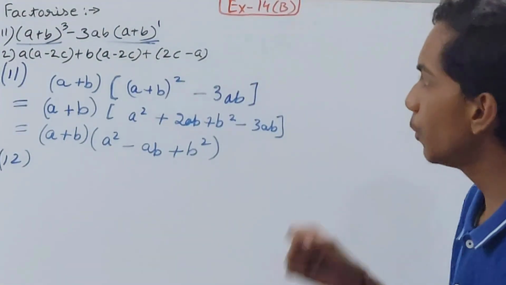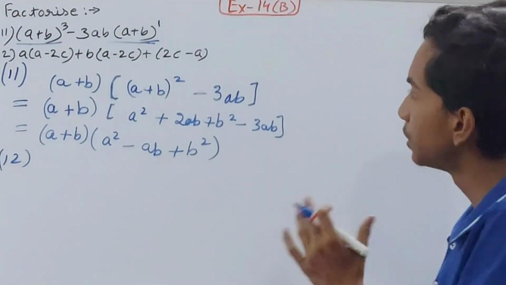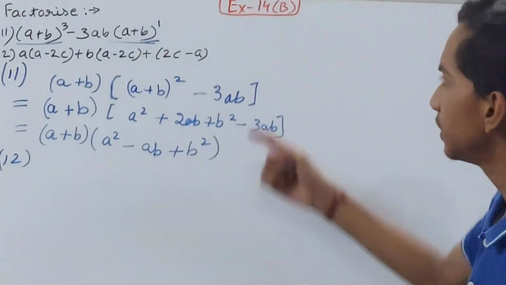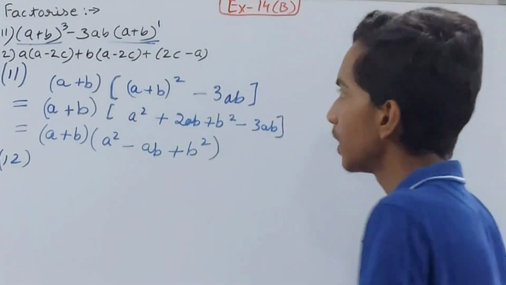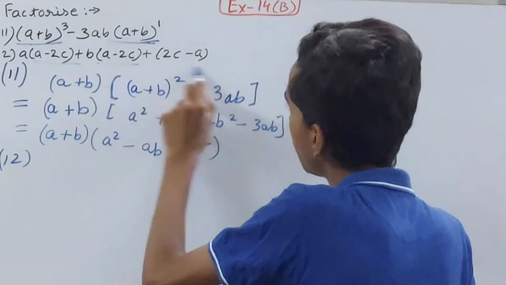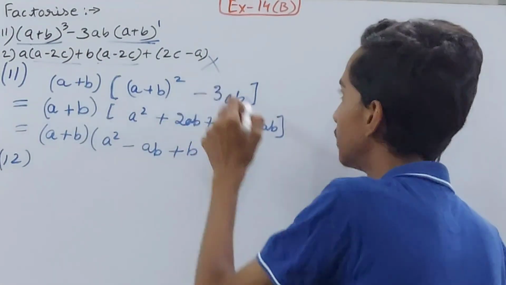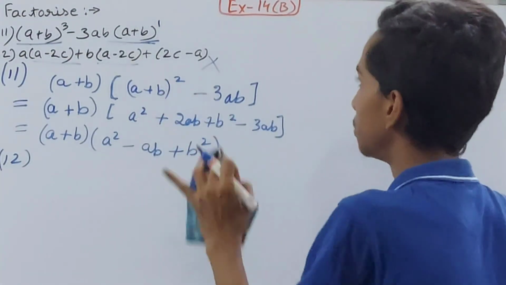Now in the 12th part, let's see what you've got. So you have a(a − 2c) + b(a − 2c) + (2c − a). Now can you see anything common here? Yes, (a − 2c), (a − 2c), but here we are getting stuck, because (2c − a) is not (a − 2c).